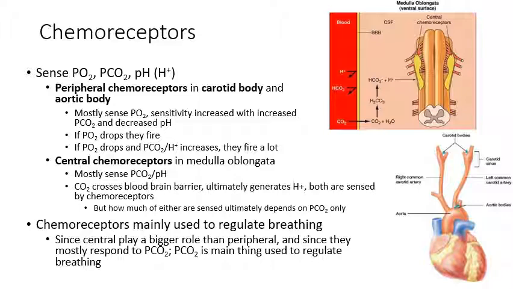But in general, under normal conditions, it's the central chemoreceptors and not the peripheral chemoreceptors that are really controlling your breathing. Which means that when you feel that need to breathe, it's actually the increased concentration of carbon dioxide in your blood that you're feeling, not really the decreased oxygen in your blood.